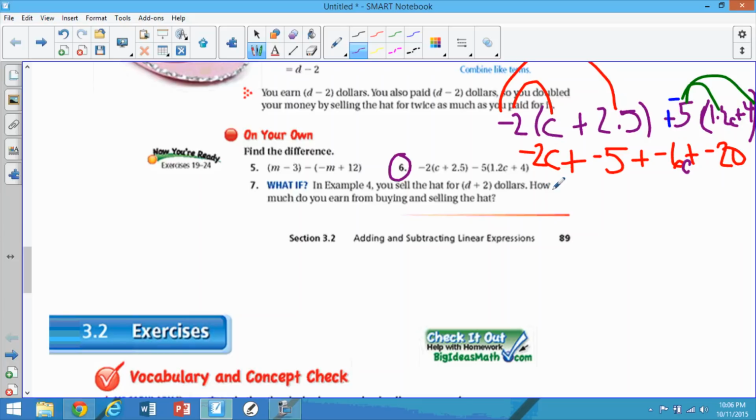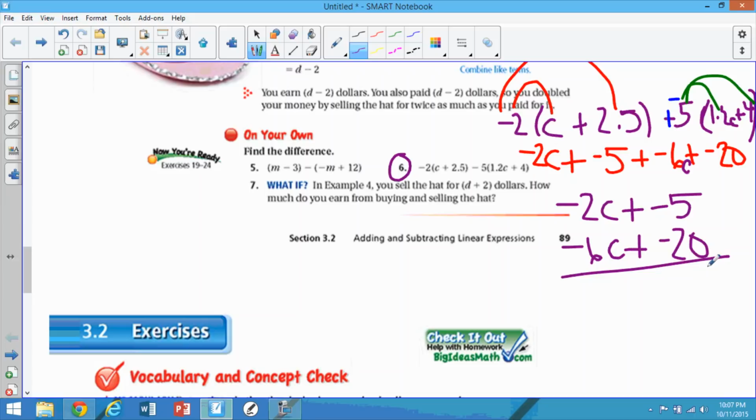Okay, now you can do the vertical method or you can do the horizontal method. I'm going to show you the vertical method for right now. So it's -2c plus a -5 and -6c plus -20.